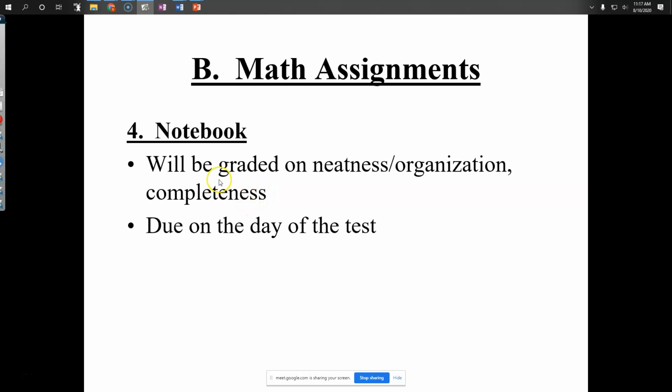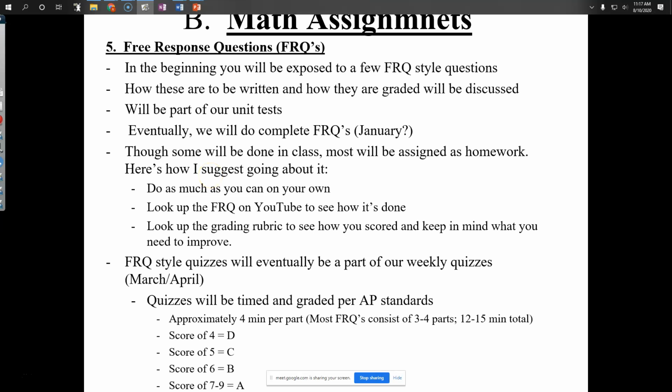Anyway, notebooks. I will ask you guys to turn in your notebooks at the end of every test, graded on neatness, organization, and completeness. The free response questions, we'll practice free response questions. So later on in the year, you're going to get a little blue book, and in that blue book is pretty much every free response question that's been asked on the AP exam for the past 20 years.